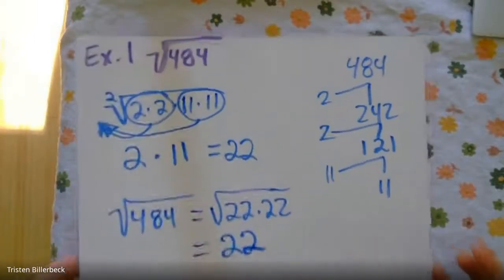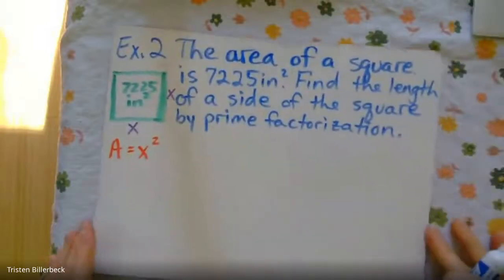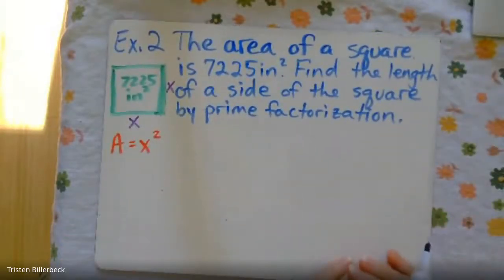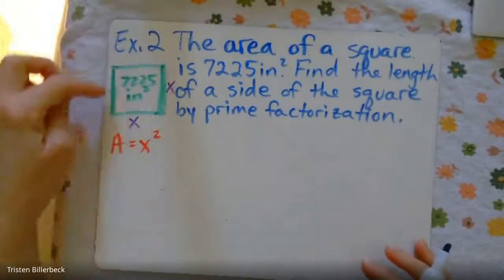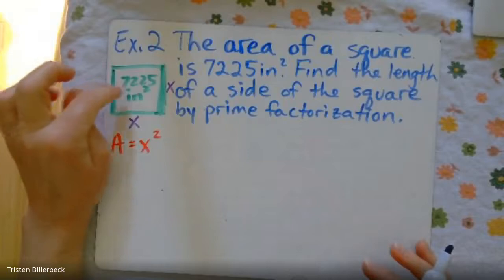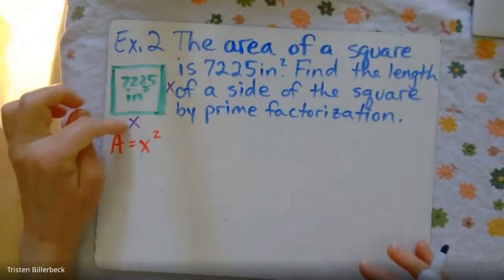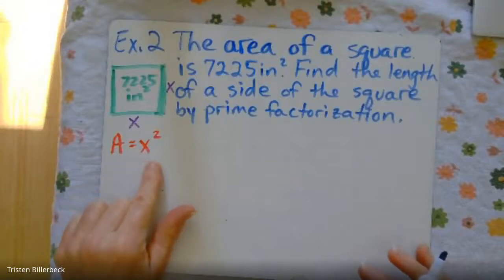All right, let's look at another example. We have the area of a square is 7,225 inches squared. Find the length of the side of the square by prime factorization. This side is x and that side's x, and so the area equals x squared.